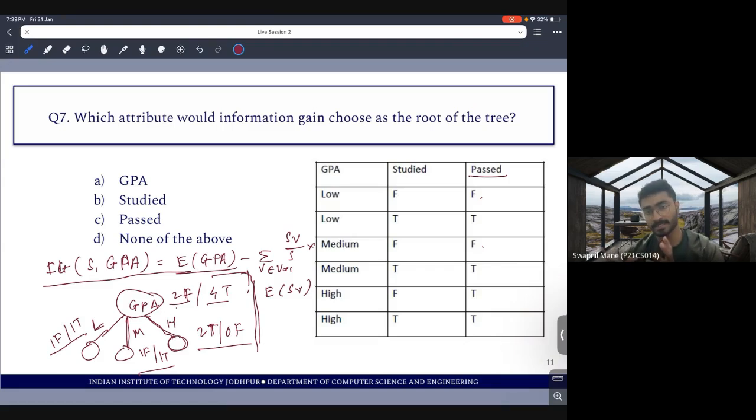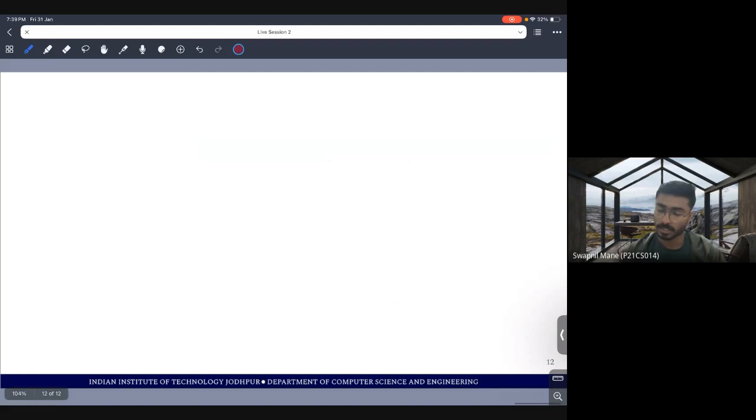So considering this metadata, we need to calculate the entropy of GPA, which means we need to calculate the information gain for the GPA. Let me write it again.